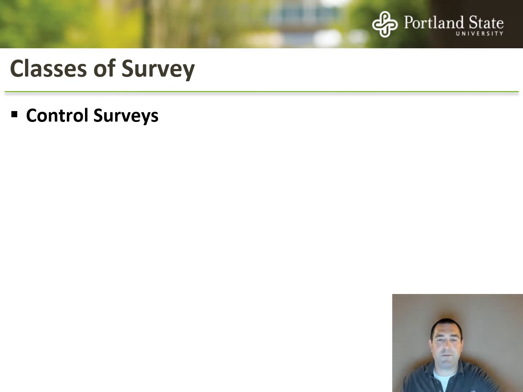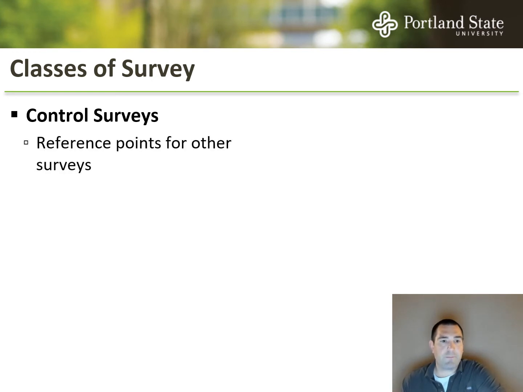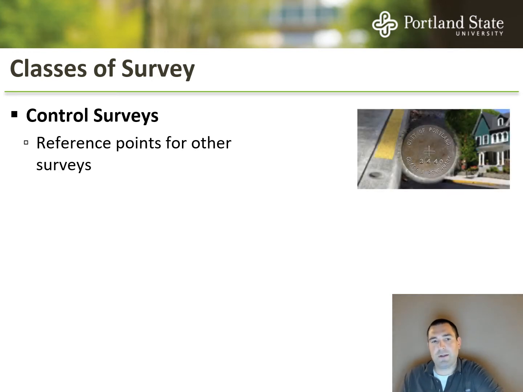So a city might have a control survey that you would base property surveys off of, things like that. So it's like a control system that other surveys are going to be based off of. They need to be very precise. They're often over large areas as well, and oftentimes things like property survey and definitions will be based off of it. So here's an example of a control survey done by the city of Portland.